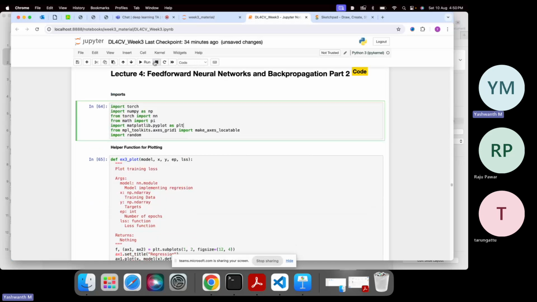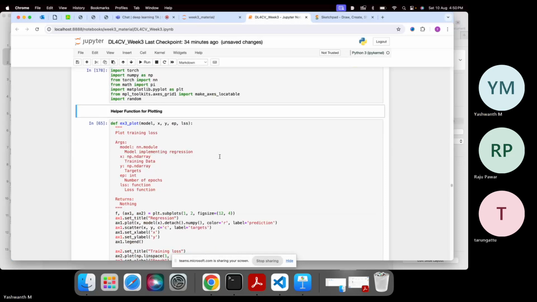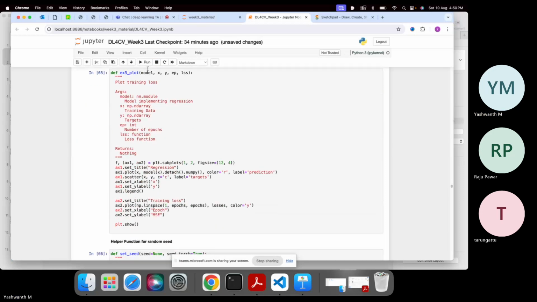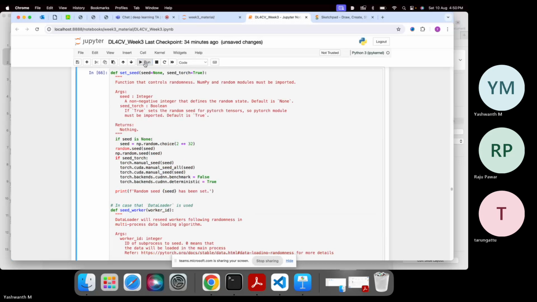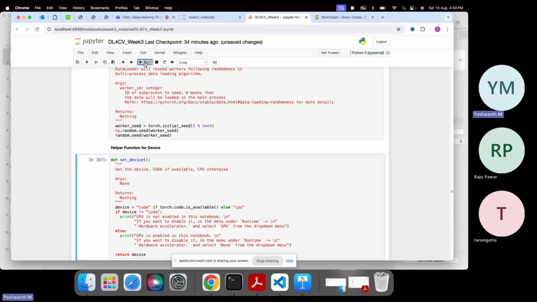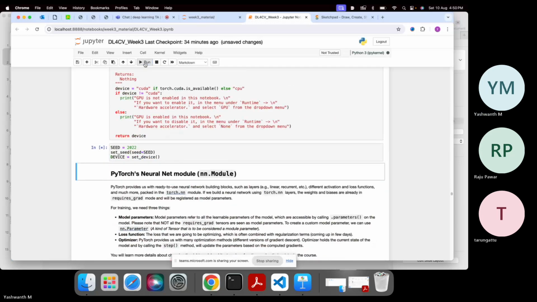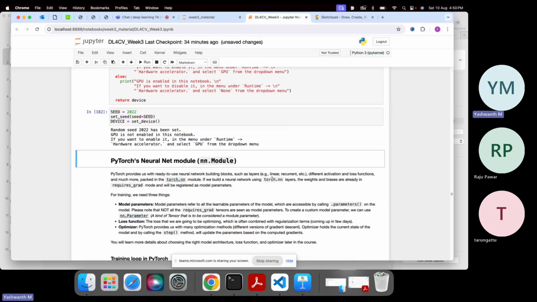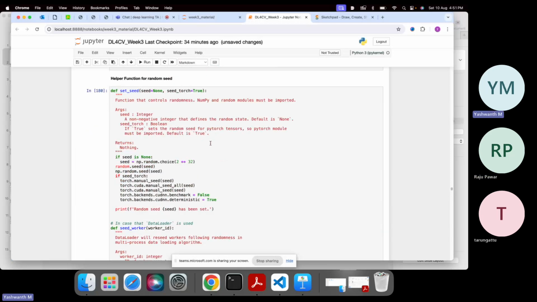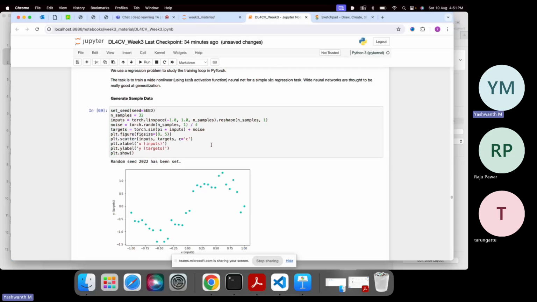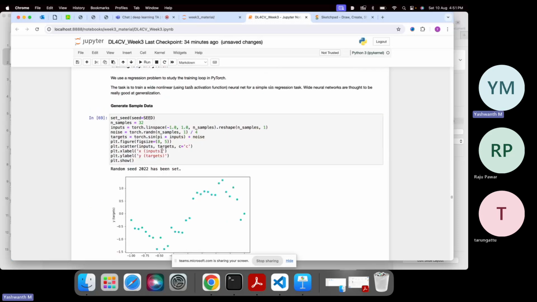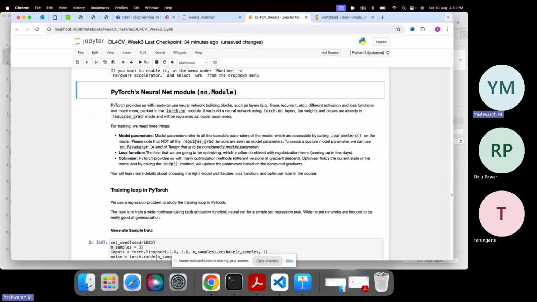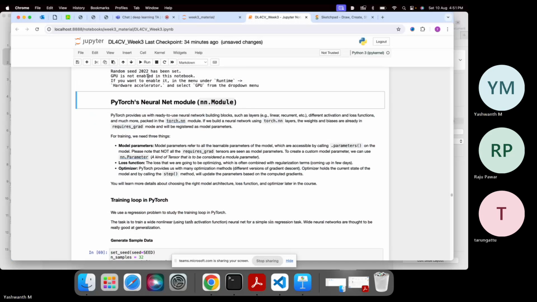We see other aspects now. Like here we are not using any GPUs, so we always see the CPU, because my laptop has no GPU.